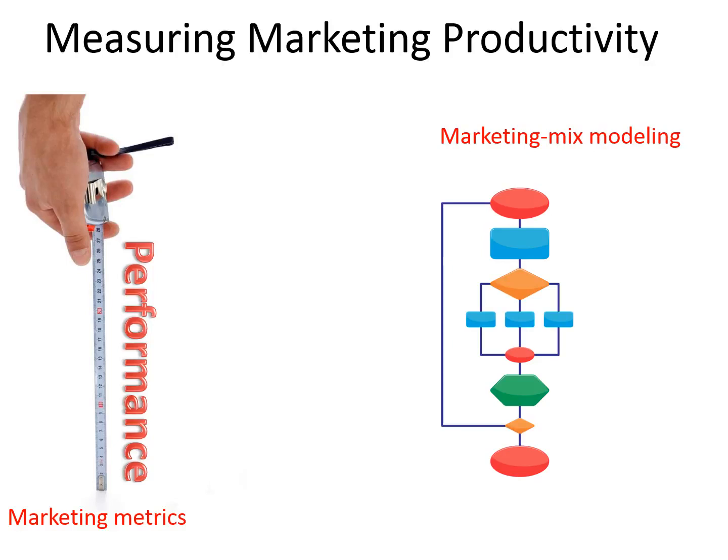Later on, we are going to come to know more details about the differences and the functions of both different systems. So right now, I want you to understand that in order to measure productivity, especially the marketing productivity, we have two different ways, which are marketing metrics and marketing mix modeling.